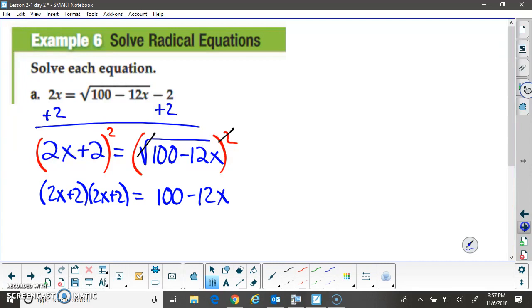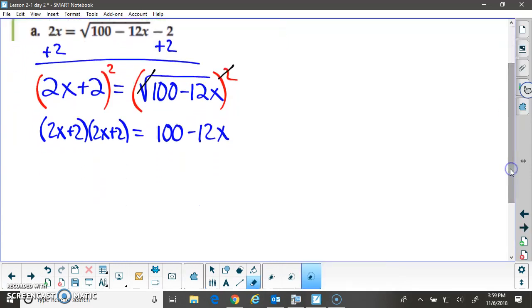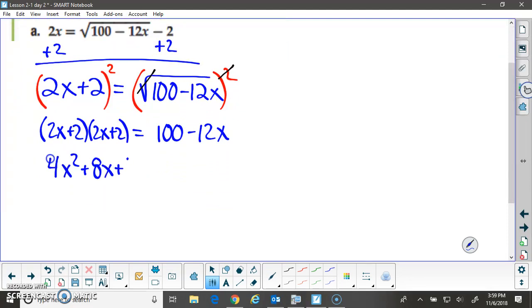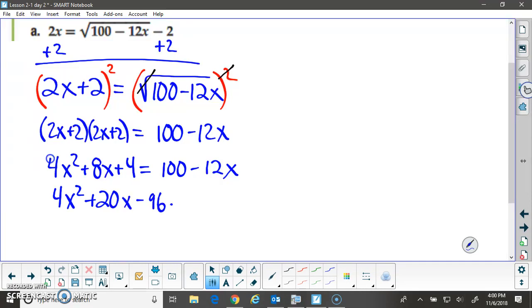If we continue with that, we FOIL and get 4x squared plus 8x plus 4 equals, whoops, not 1,000, but 100, minus 12x. Move everything onto one side, and we'd have 4x squared plus 20x minus 96.